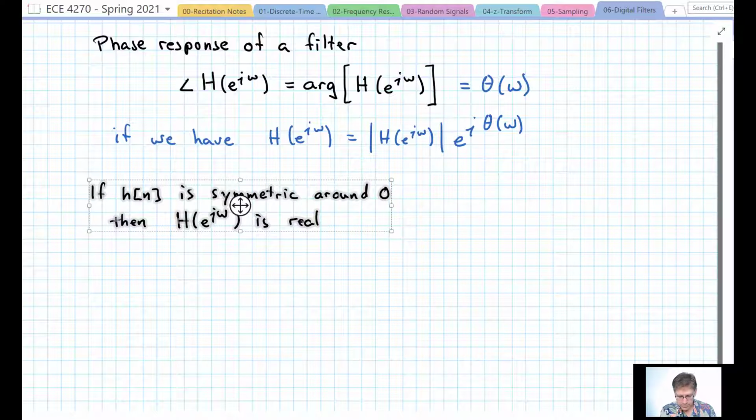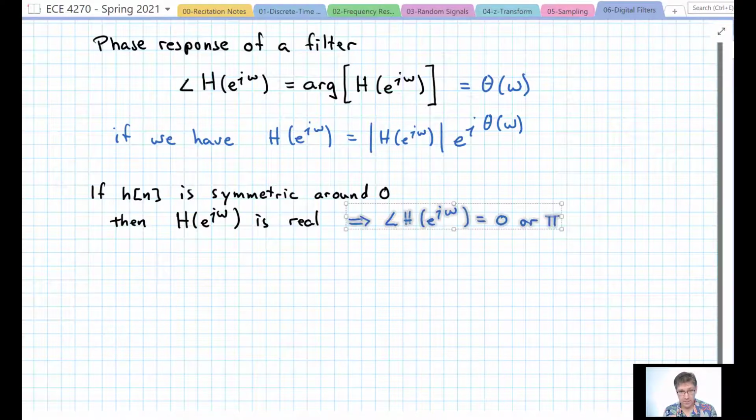So if H(e^jω) is symmetric about 0, then it's real. This is a property of the DTFT, and in this case, the angle or the argument of H(e^jω) is going to be 0. It could also be pi, right? And there are two schools of thought here.